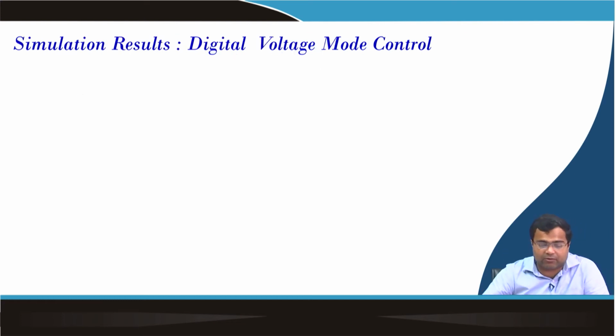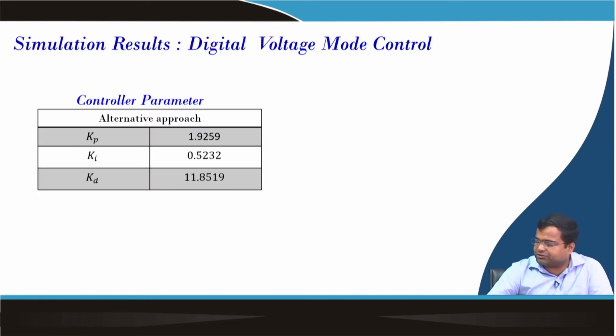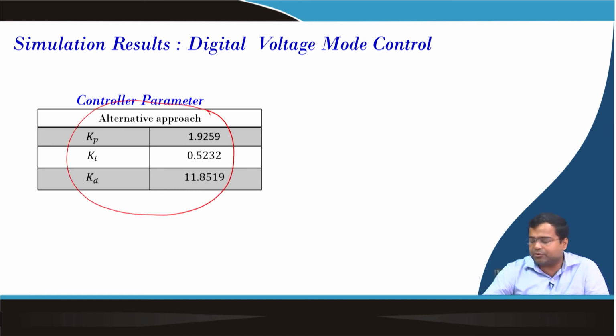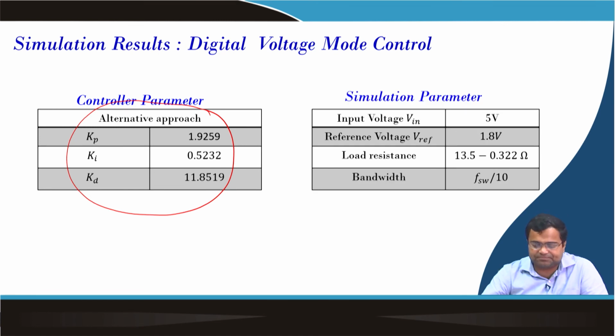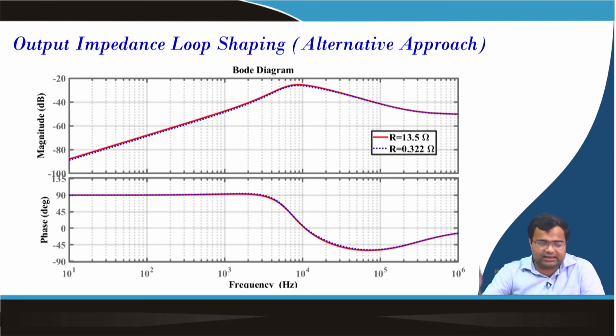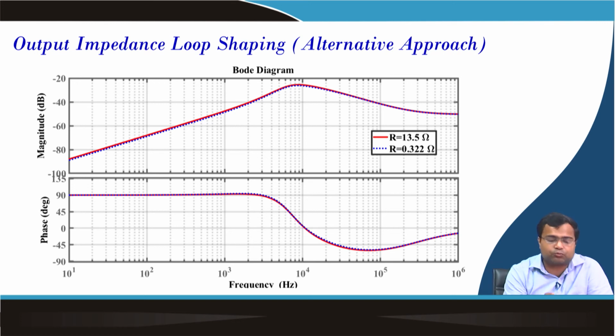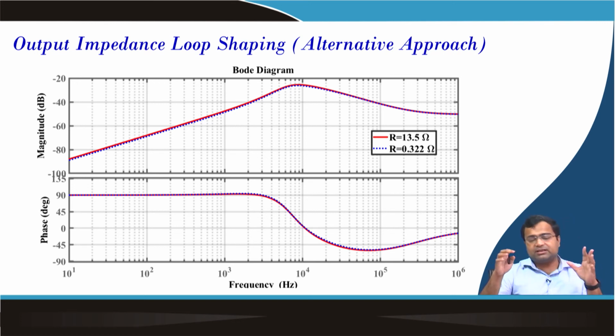If you go back to our alternative approach design, which results in these Kp, Ki, Kd, following the method that we have discussed, for this case study of 5 volt input and 1.8 volt output, you see again that for two different load resistances, the closed loop output impedance is more or less identical. So, this alternative approach can well damp the output impedance.